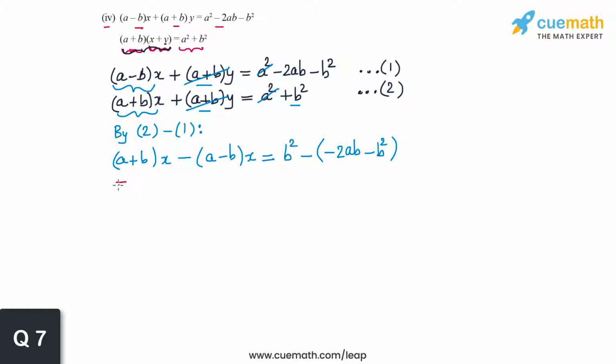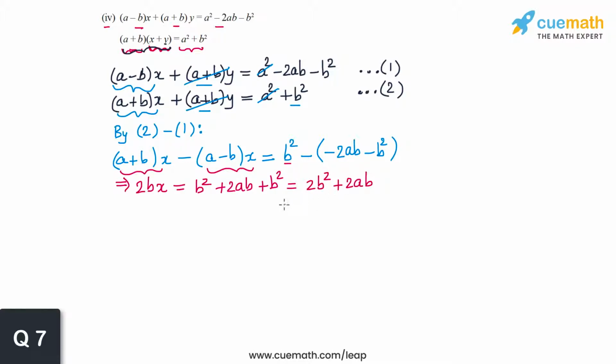Now let's simplify this. So we have (a plus b) times x minus (a minus b) times x. So this will be equal to 2bx. And on the RHS, I will have b square plus 2ab plus b square, and this is equal to 2b square plus 2ab.